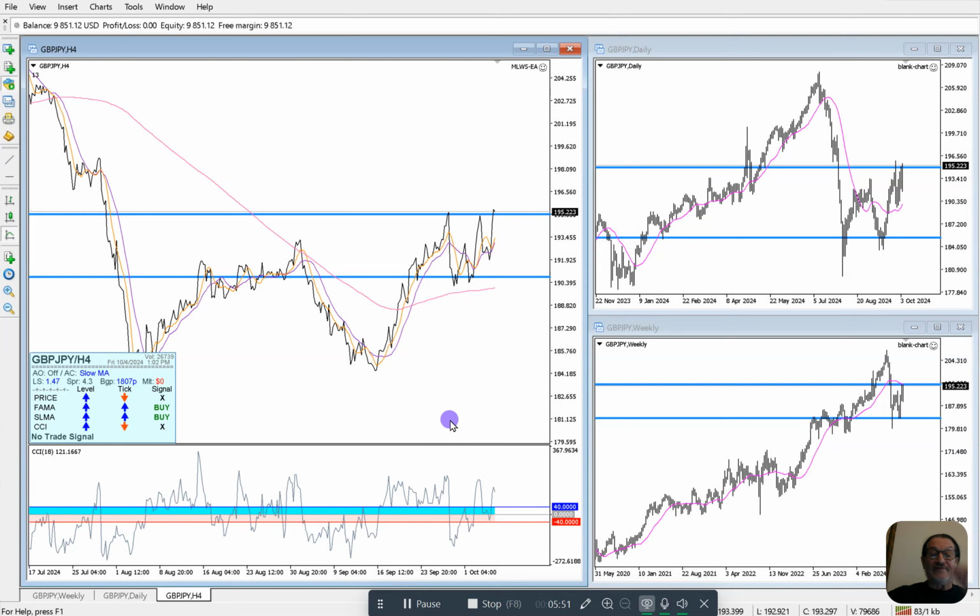So again, while we are above the 200 SMA, price is moving above both the slow and the fast SMA, the fast SMA is above the slow SMA. All these signal buy. We are kind of waiting and seeing where this is going to go.